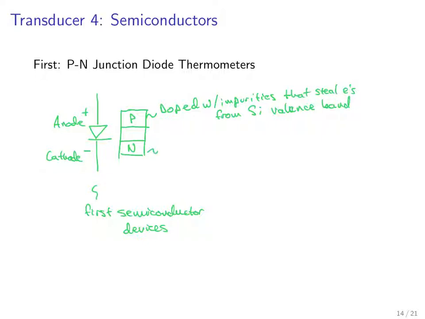Conversely, n-type semiconductor is doped with impurities that add electrons to silicon's valence band. So add versus steal.